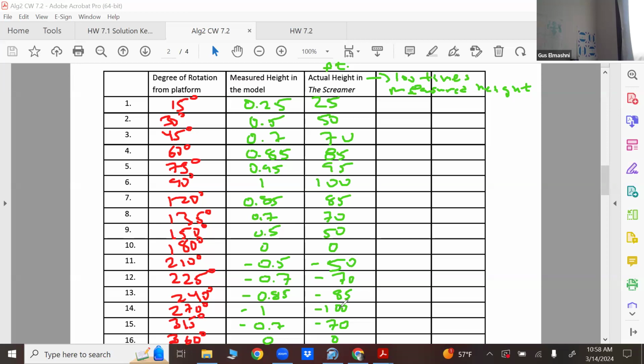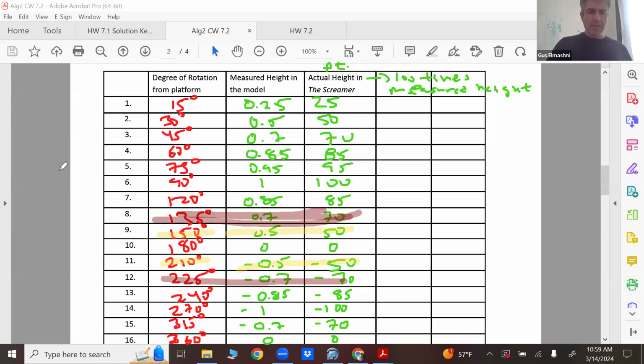Let me get a highlighter so you can see the similarities among these. Color coding, I think, will help. So this and this are the same thing, right? That is really hard to see. This and this are the same thing.